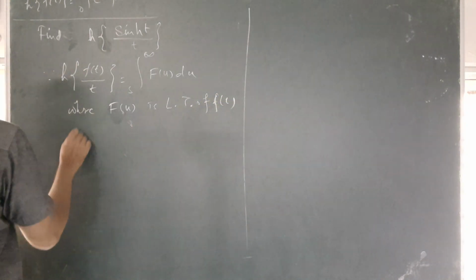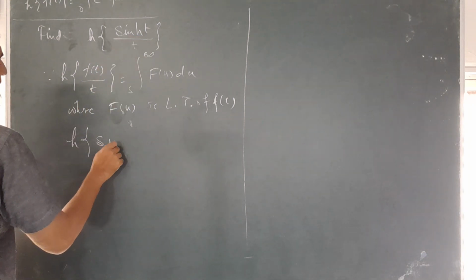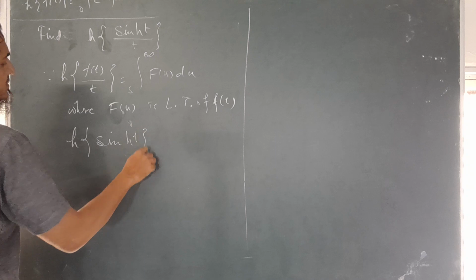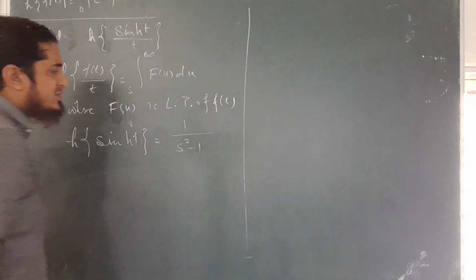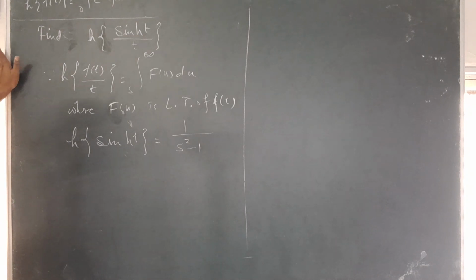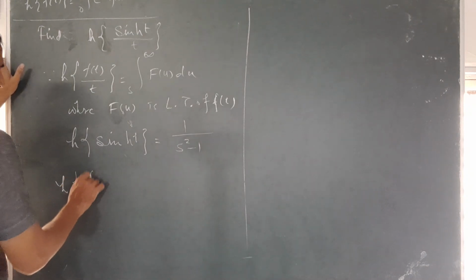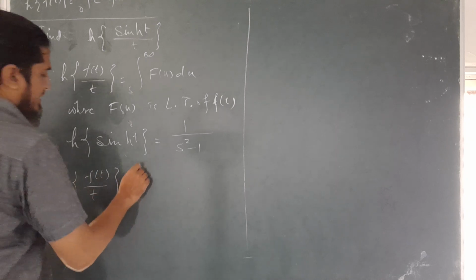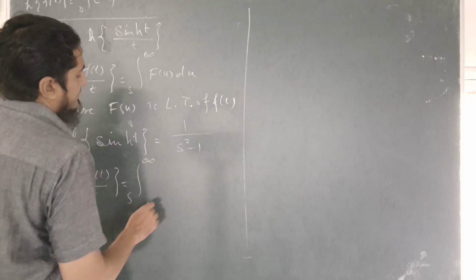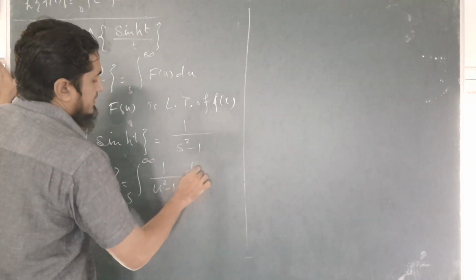Correct? So Laplace transform of f of t means sine hyperbolic t will give us 1 upon s square minus 1 square is 1, and Laplace transform of f of t upon t becomes integration from s to infinity 1 upon u square minus 1 du.